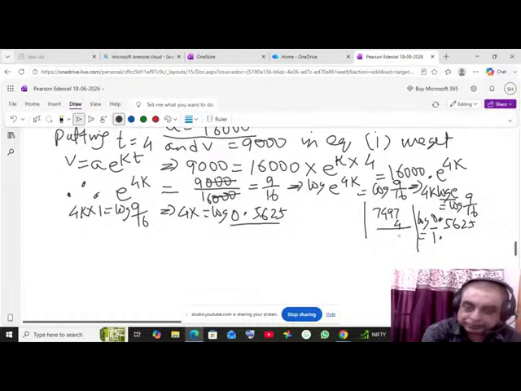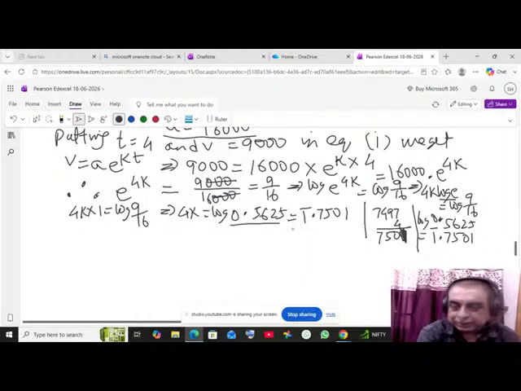Add it up. 7 plus 4 is 11, carry 1, and this becomes 7501. So this becomes bar 1.7501.